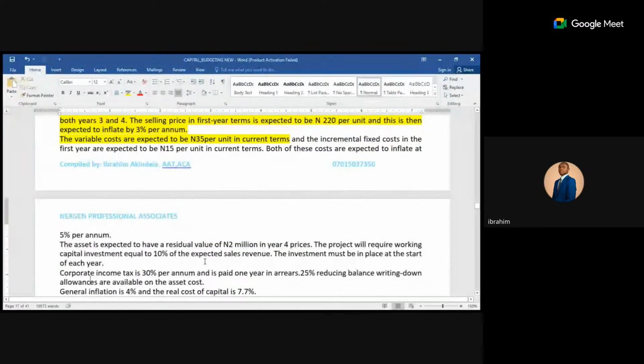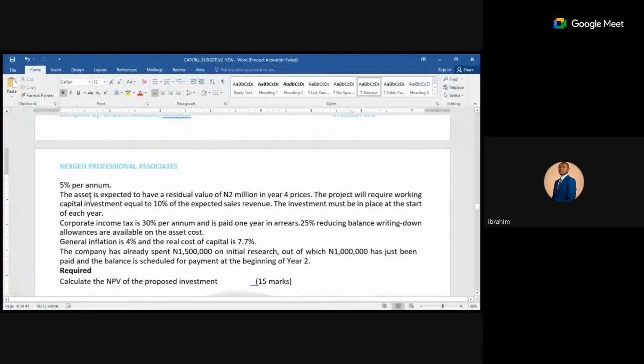After the incremental fixed cost, we have the assets. The asset is expected to have a residual value, the scrap value, of 12 million in year 4 prices.